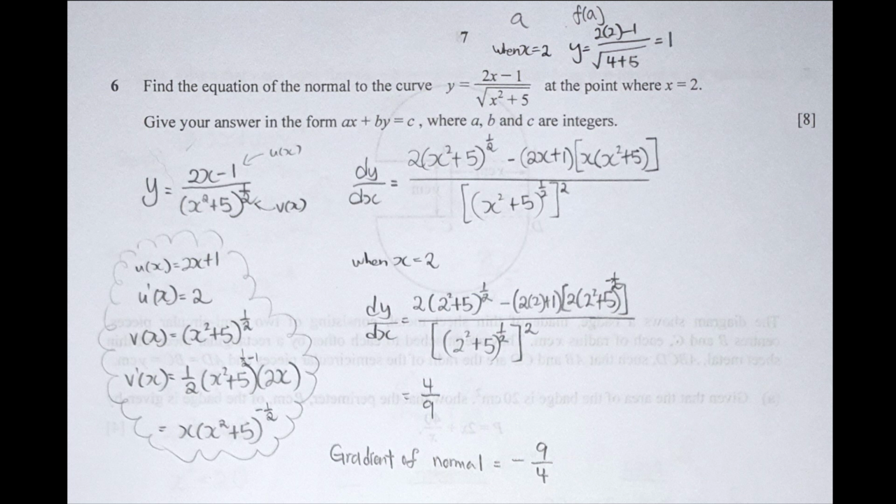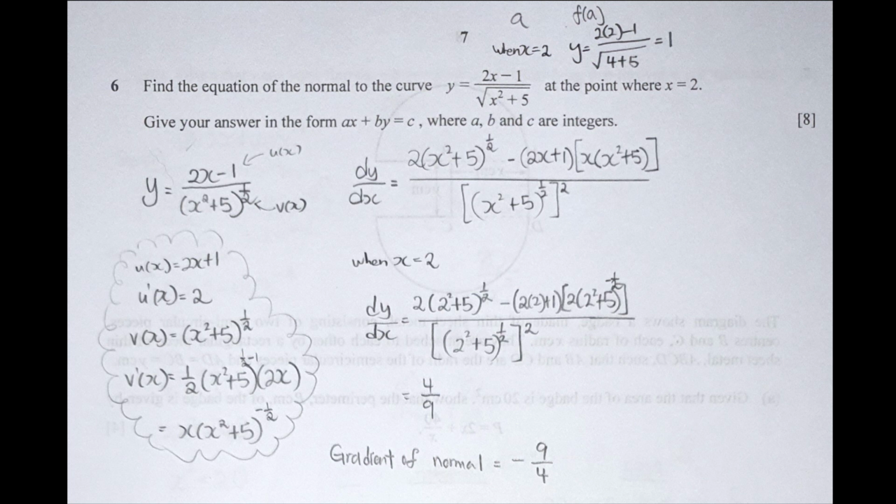So I differentiate them, then I get u prime as 2 and v prime as x bracket x squared plus 5 to the power of negative 1 over 2.